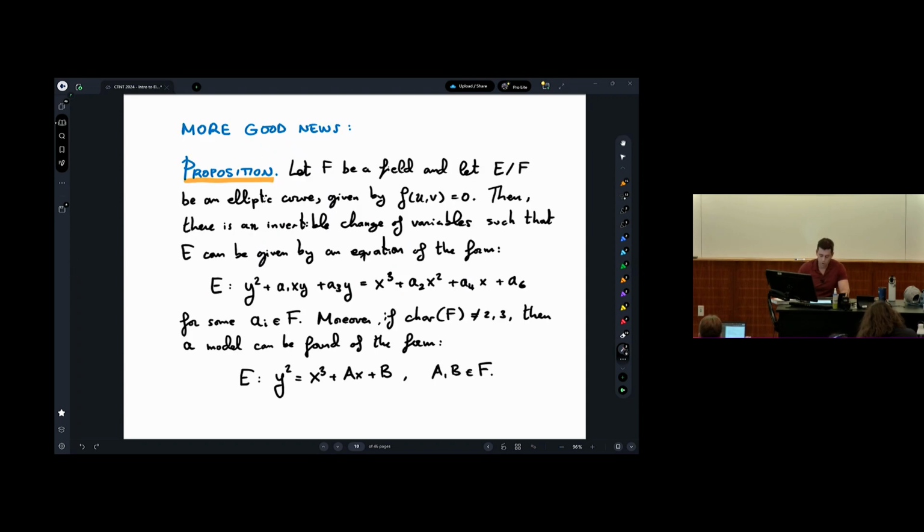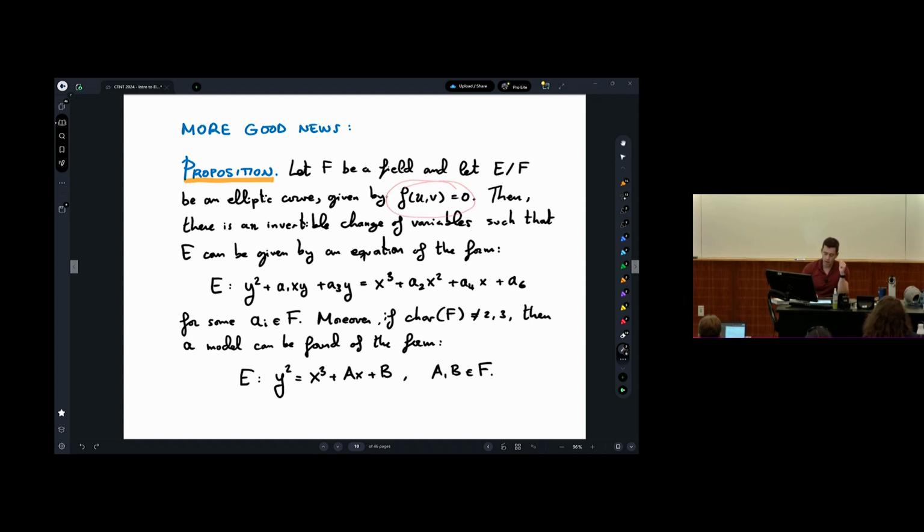So it turns out, more good news today, that every elliptic curve, so every curve of genus 1 that is non-singular and has at least one rational point, there is a change of variables that brings it to a cubic equation, and even better, to a very particular type of cubic equation.